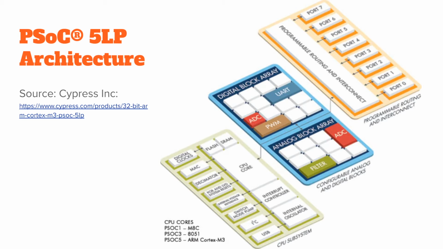But then, what makes it really powerful is the next layer, which is the programmable routing and interconnect, which means that there are already prototypes, for example, for A to D converters, which are based on both digital and analog blocks.